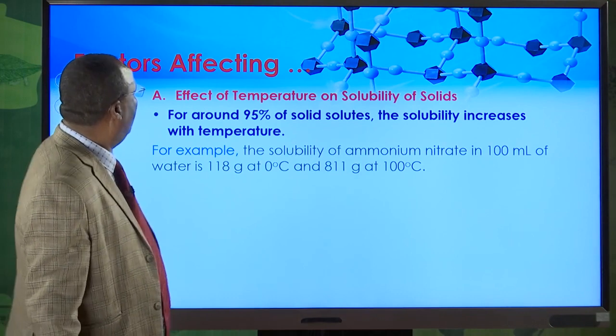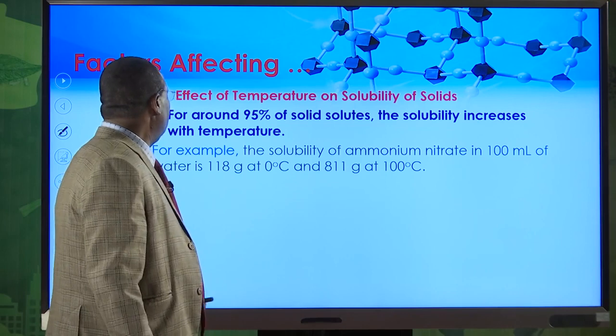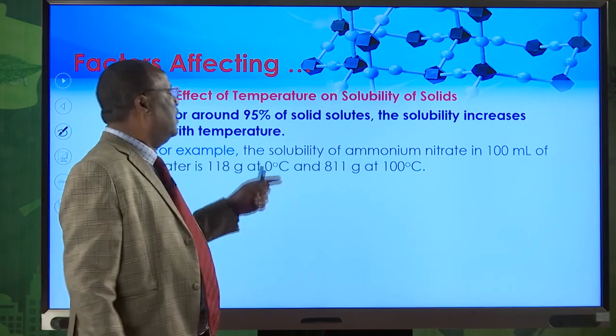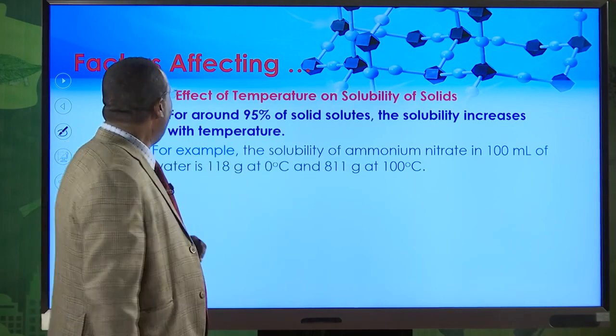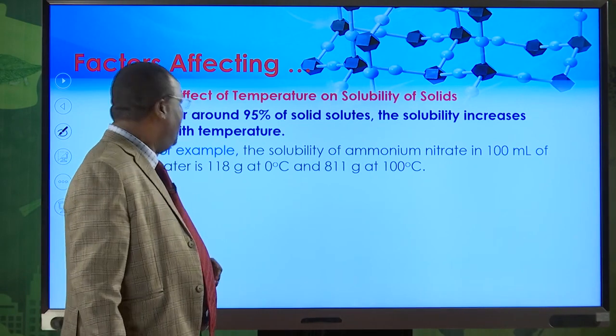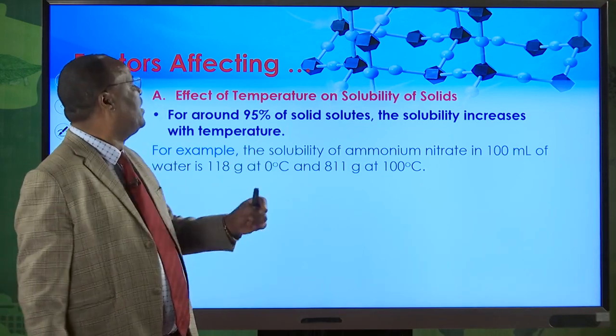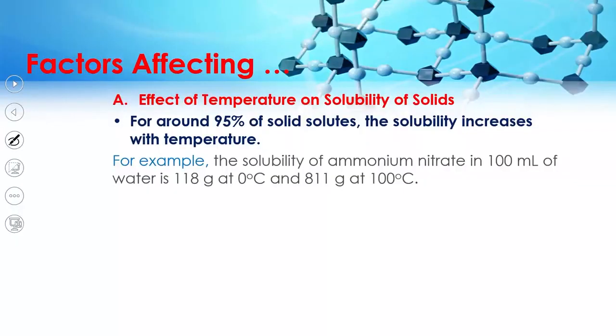For example, take ammonium nitrate in 100 milliliters of water. The solubility of ammonium nitrate in 100 milliliters of water is 118 grams at 0 degrees Celsius, and 811 grams will dissolve at 100 degrees Celsius. Look at the difference. What will happen to the solubility of ammonium nitrate if temperature increases?